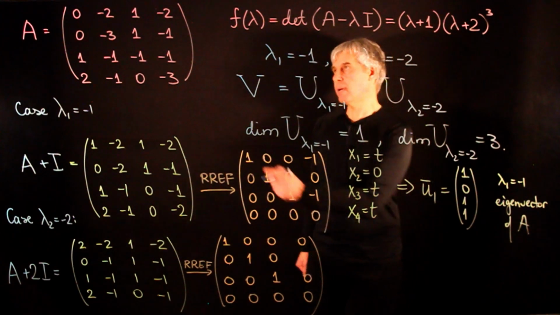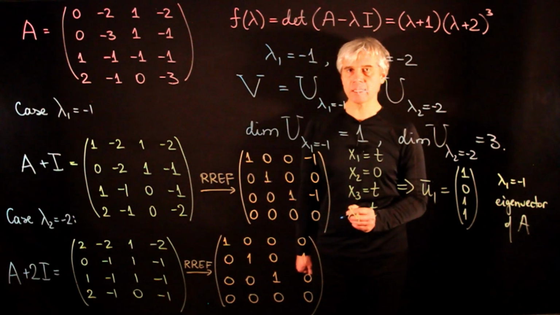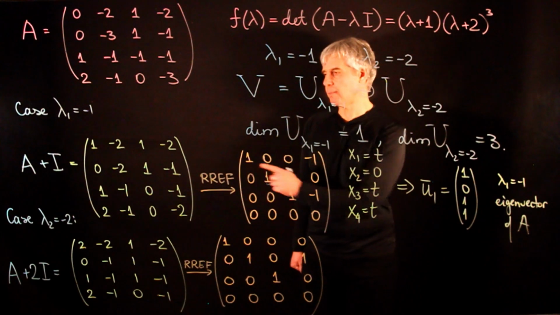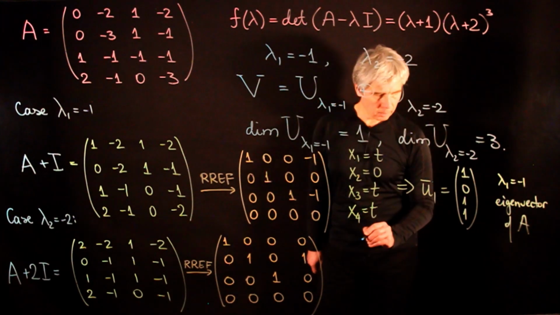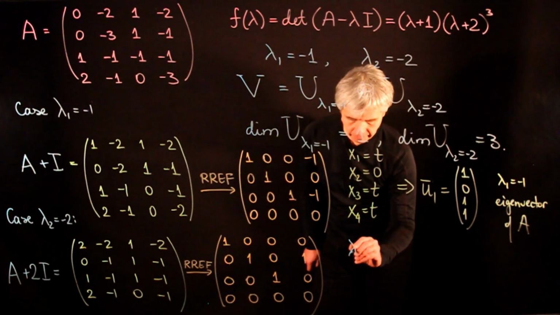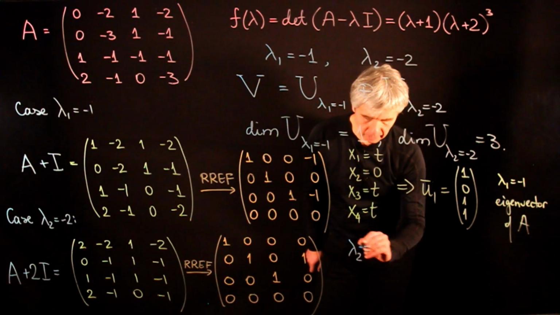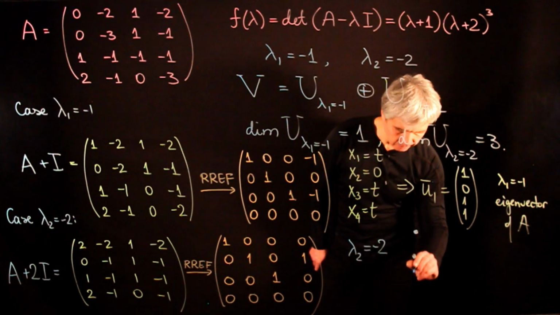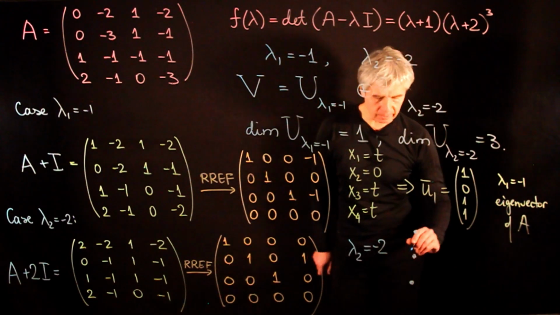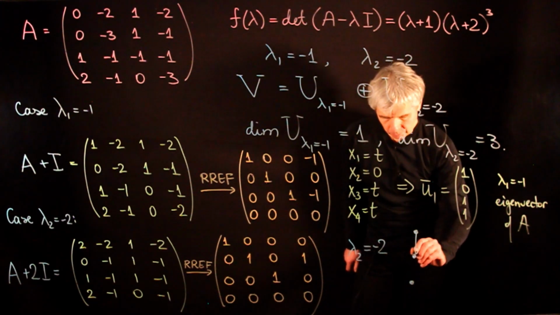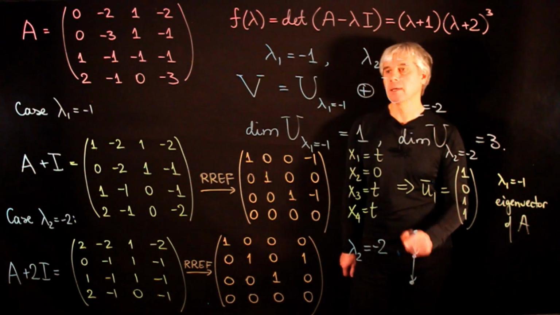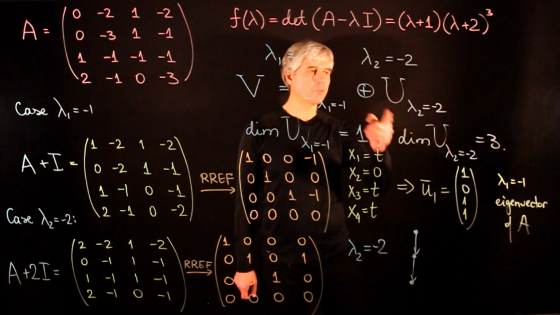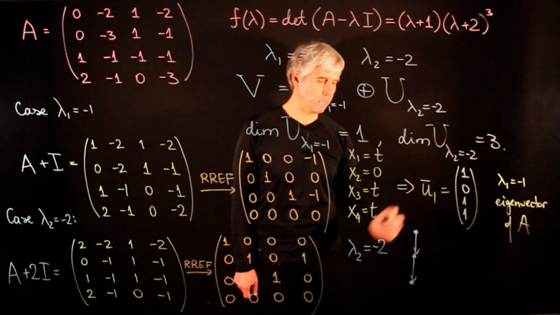This means that matrix A has a single eigenvector with lambda equals -2. This tells us that we have the following diagram for lambda 2 equals -2. So we will have a single strand because we have one eigenvector, and so it will have length 3 because the dimension of the root space is equal to 3.